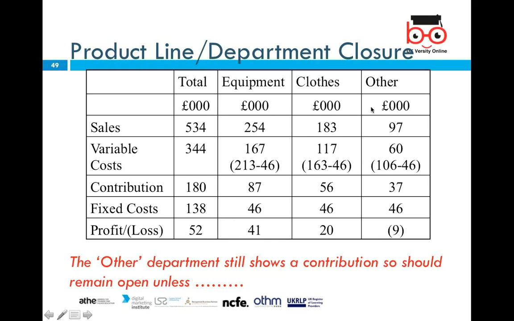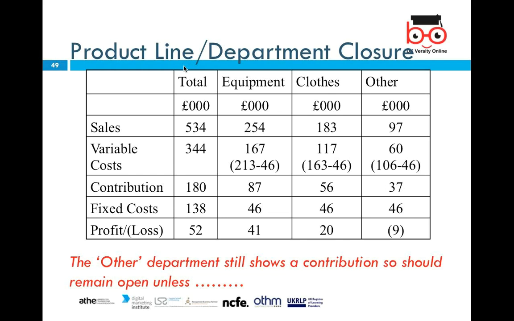Now the other department still shows the contribution, so it should remain open, because the other department shows a contribution of 37, which is positive. If it is shut down, the fixed cost of 46,000 is lost, but if it continues, it's only a 9,000 loss, and it's still contributing.